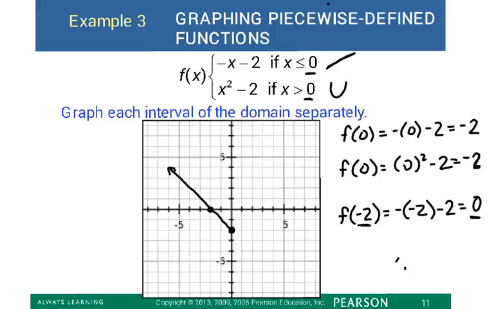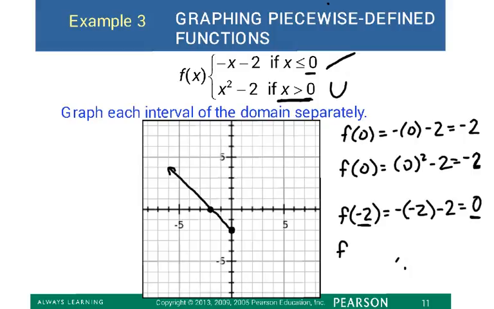And then to get the second part of our graph, we're going to use the second part of this function, the x squared minus 2. And again, I'm just going to say let's find a point on its piece of the graph by plugging in a value that is greater than 0. Instead of less than 0, it's going to be greater, because the rest of the graph, like I said before, is going to be greater than 0.